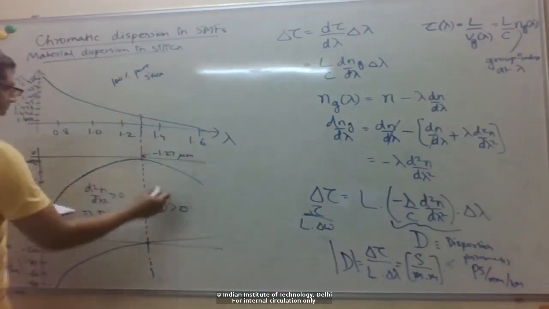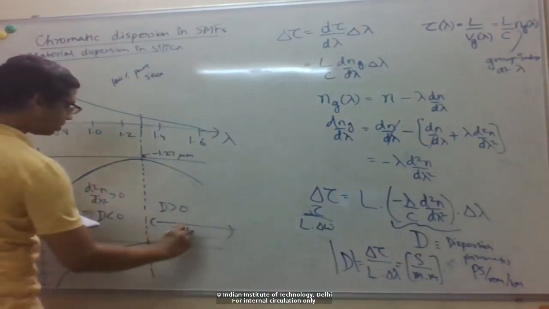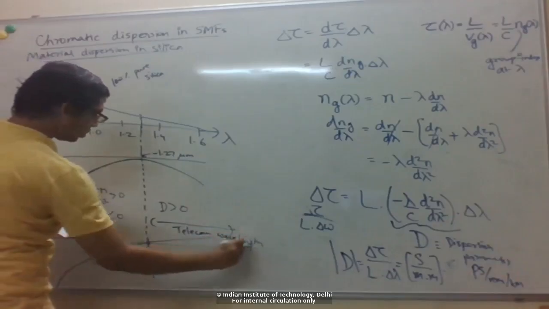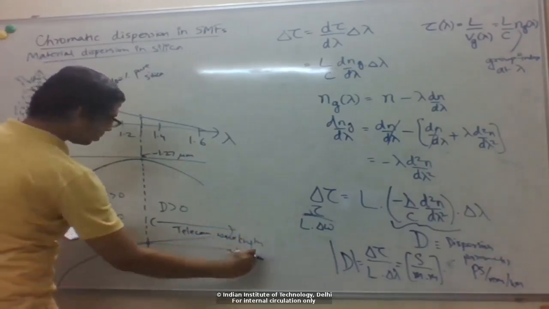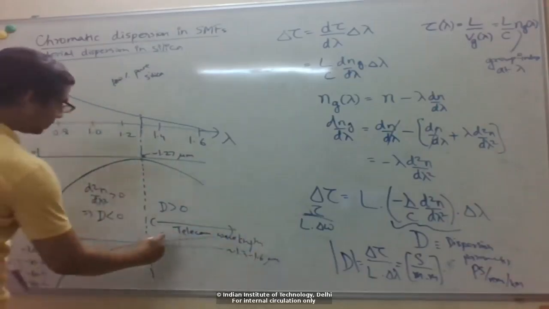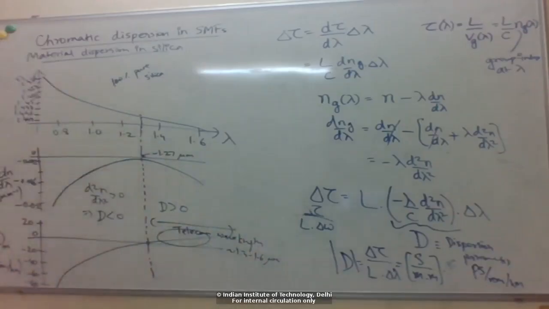Okay, so you can see for the telecom range of wavelengths, the telecom range is here, the dispersion is anomalous, so D is positive. That's anomalous dispersion.